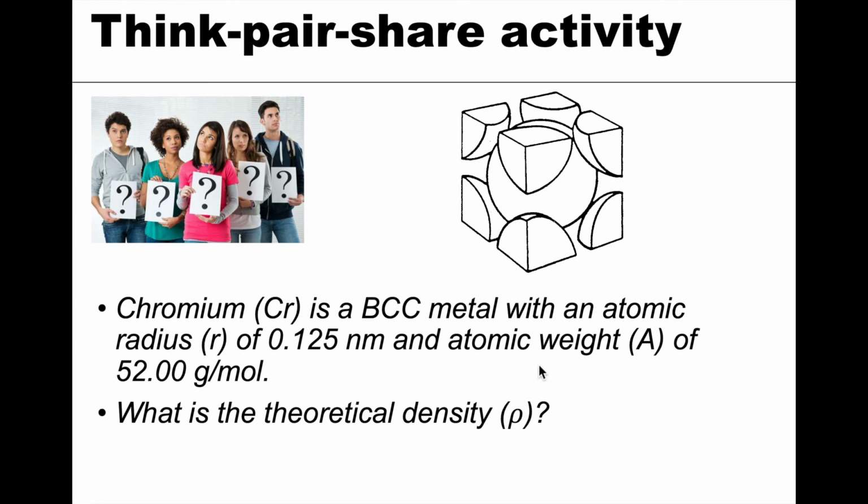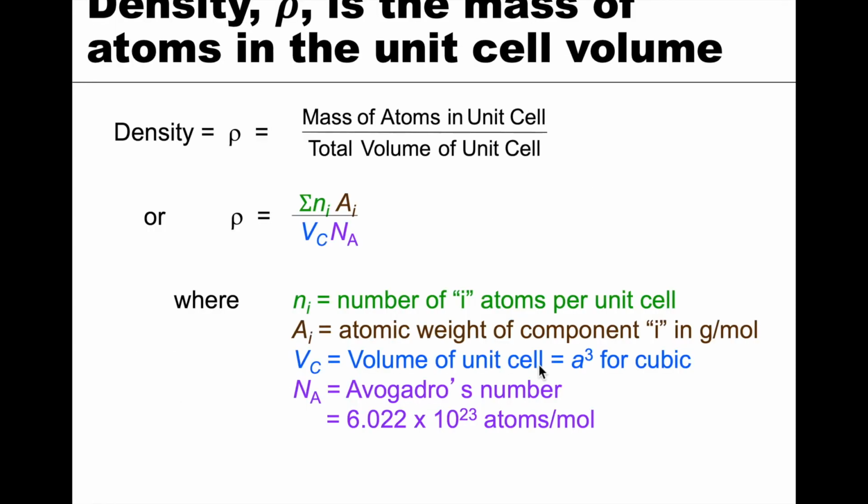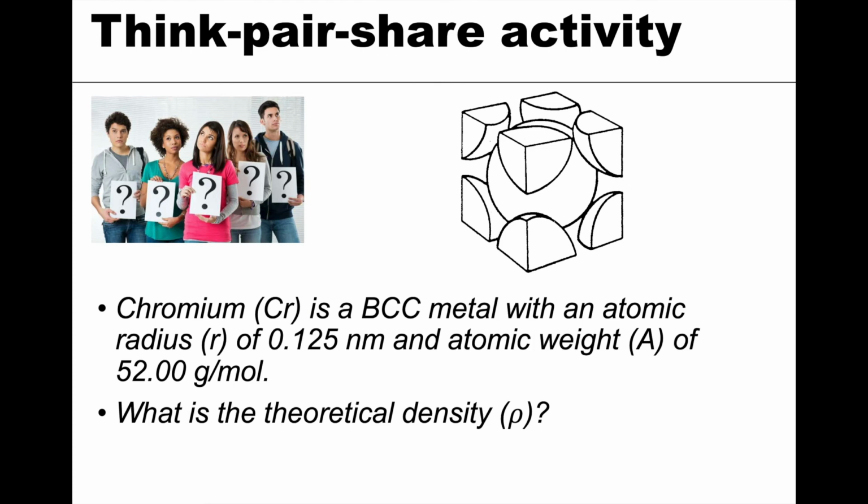So what I want you to do is, using the equation from the previous slide, see if you can calculate the theoretical density using these numbers and using what we've talked about, particularly in the atomic packing factor equation. Some of that will help you with determining the density here. So do that, fill it in the quiz, and come back and we will discuss the results.